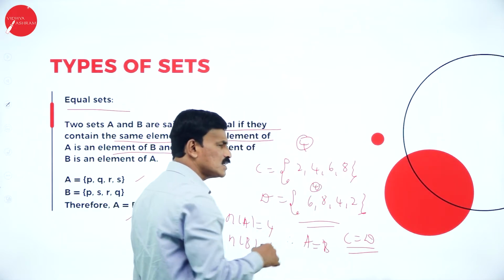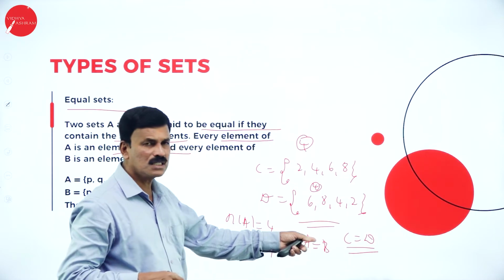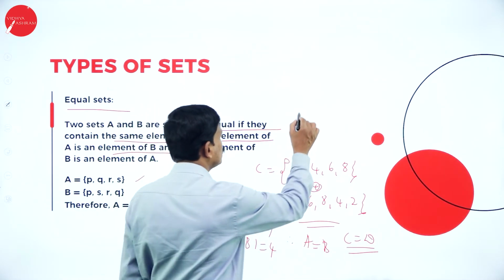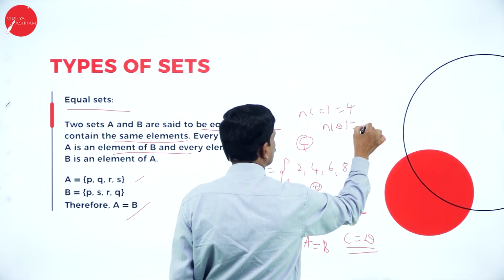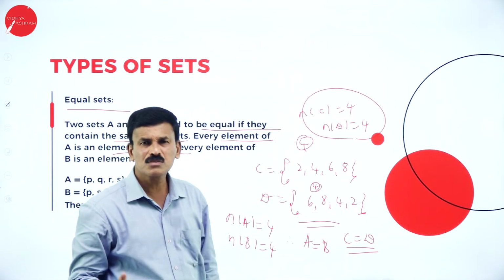So the number of elements are the same, and this contains 2, 4, 6, 8, and this also contains 2, 4, 6, 8. Therefore, we can represent them as C = D. If I represent this as A and B, I will get n(A) and n(B). Since we have represented it as C and D, n(C) is equal to 4 and n(D) is also equal to 4. These two are equal, so these two sets are said to be equal.